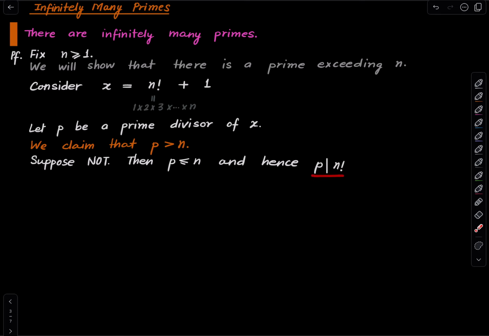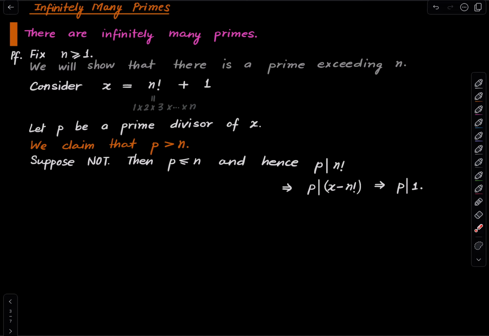So we have that, and therefore p divides the difference of x and n factorial. p divides x, p was a prime divisor of x, p also divides this guy, so we deduce that p divides 1. Which is a contradiction because p is a prime. It cannot divide 1, it is greater than 1. That's it, that's the proof. What a simple proof proving a fairly non-trivial result. It's not obvious.